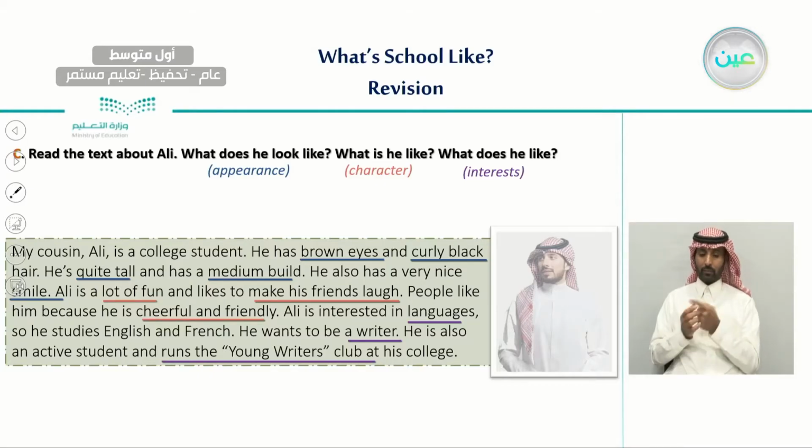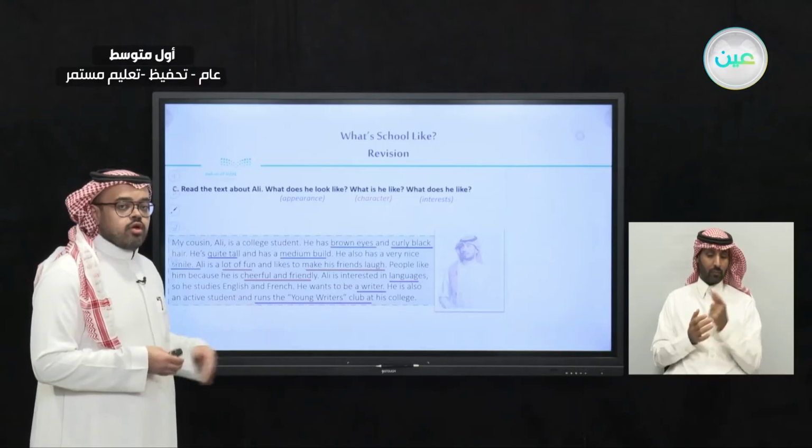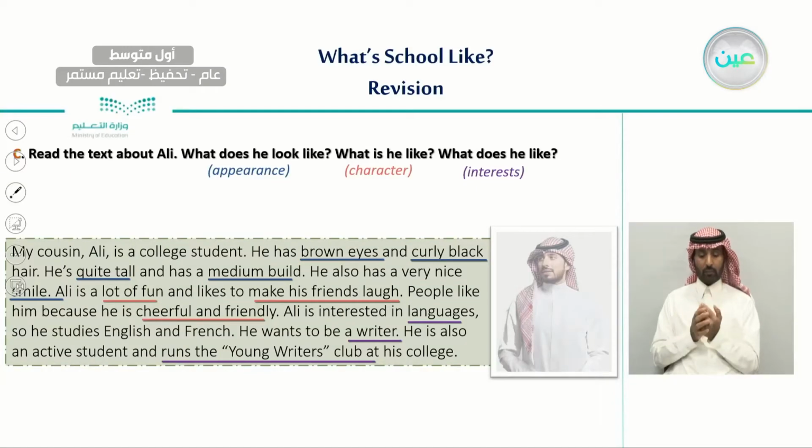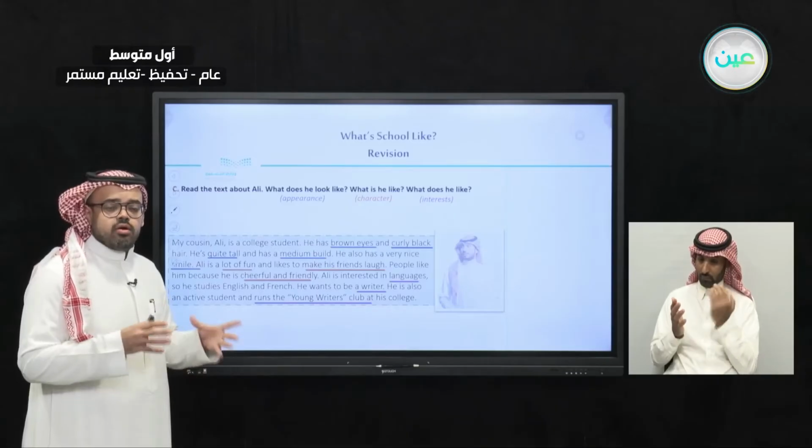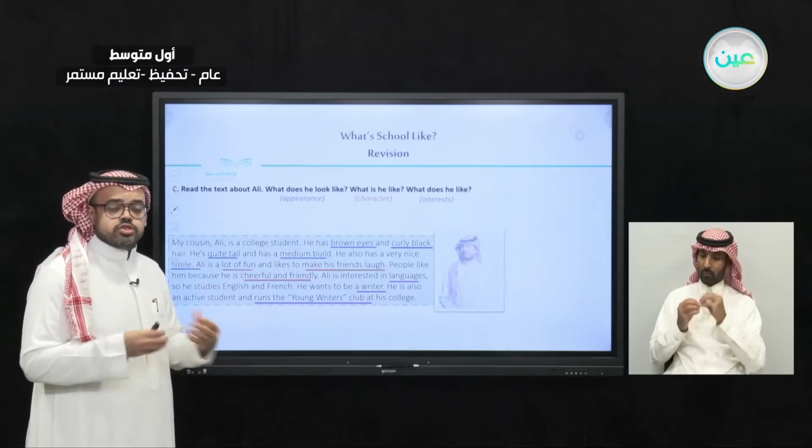Also, the third exercise we had last time is this reading text. We said that someone is writing about his cousin. What we need to do is to read it and try to answer the same questions. What does he look like? The appearance. What is he like? The character. And what does he like? The interests. So we read this text and answered them, and we also used colors to differentiate.